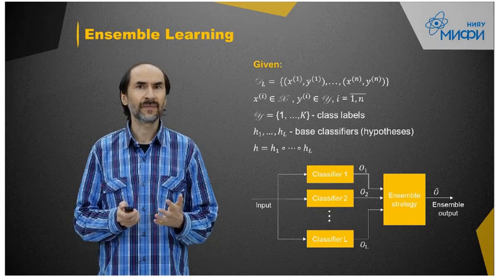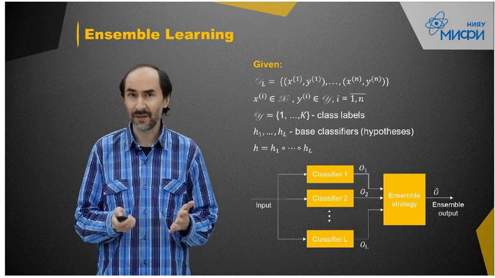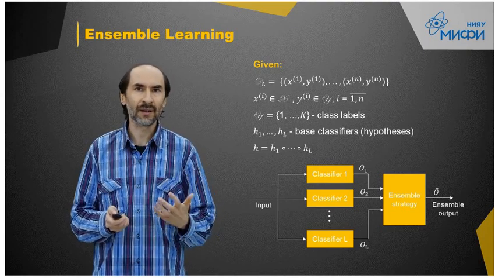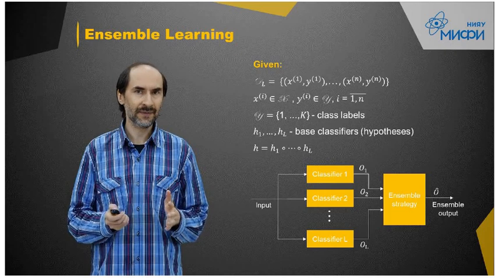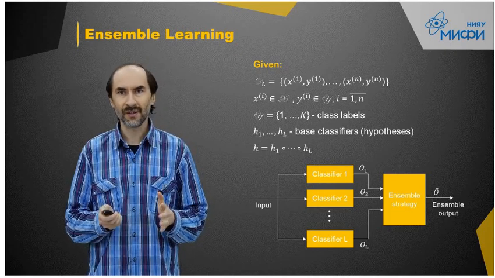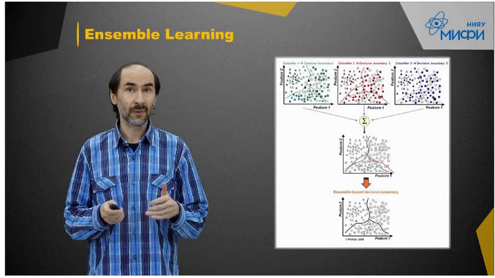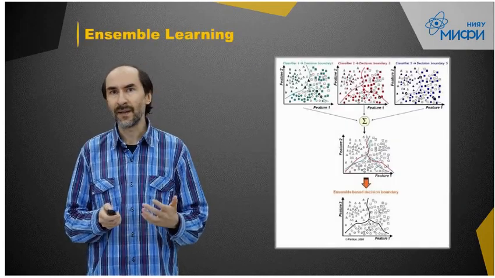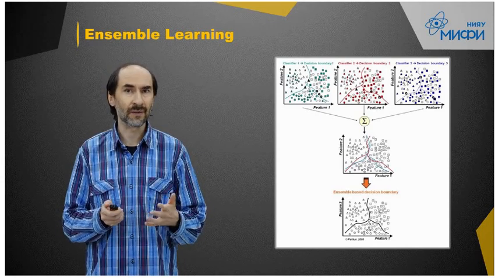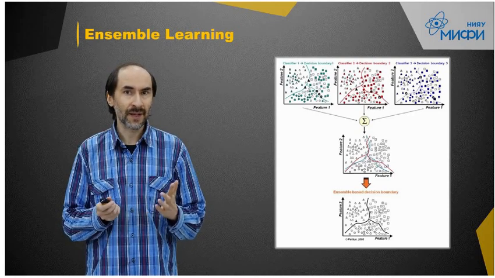The next machine learning paradigm is ensemble learning. The problem is the same as in supervised or unsupervised learning, but we try to construct not only one model, but many different models called weak models, each of which needs to be very accurate. And then we try to combine these weak models into a complex one called an ensemble or model committee to boost the accuracy.